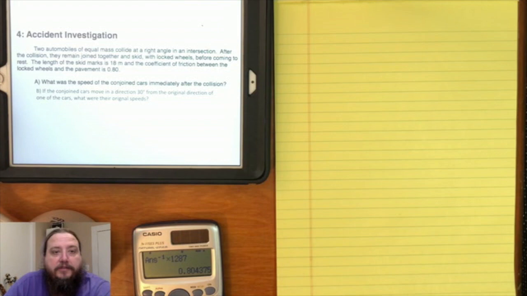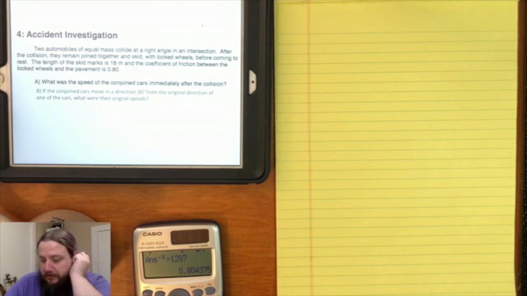The length of the skid marks is 18 meters, and the coefficient of friction between the locked wheels and the pavement is 0.8. What was the speed of the conjoined cars immediately after the collision? And if the conjoined cars move in a direction 30 degrees from the original direction of one of the cars, what were their original speeds?